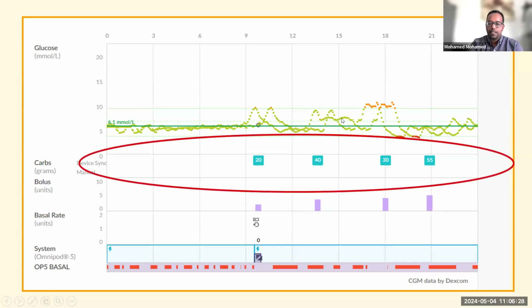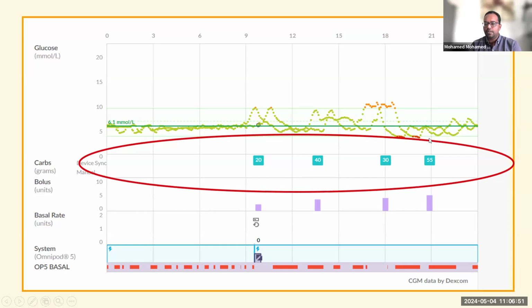Second level, these squares you see are the carbohydrate he's having. So basically, on that particular day, this patient had 4 meals: 20 grams, 40, 30 grams, and 55 grams. And you can see that with this, you see a spike. With this, you see a spike. With this, you see a spike.